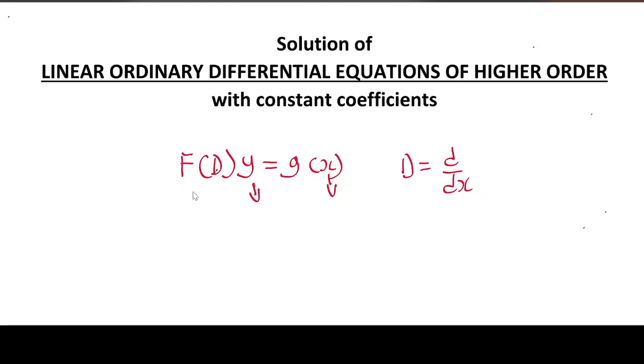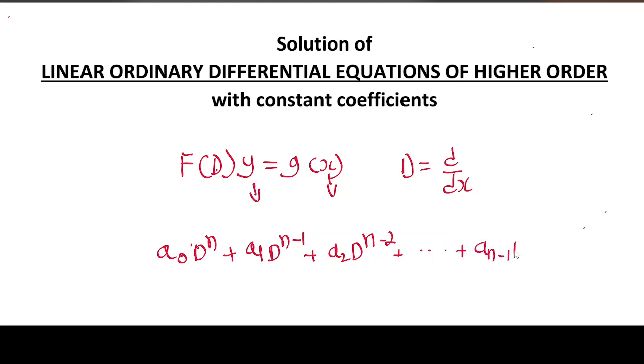Here f of D is a linear function in terms of capital D, that in general can be written as a naught into D power n plus a1 into D power n minus 1 plus a2 into D power n minus 2 plus so on, plus a n minus 1 into D plus a n.